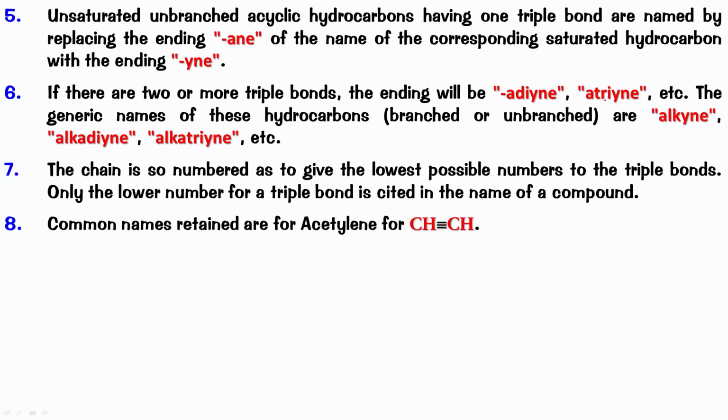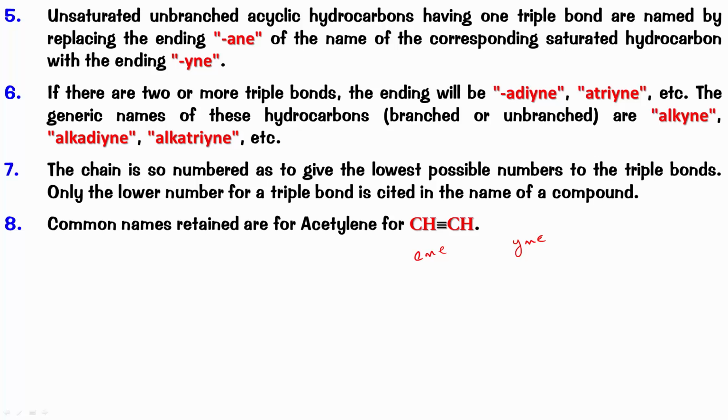Then comes the situation when you have both double and triple bonds together. So how do we do this? Now here you need to understand something. You have an alkene, you have an alkyne. You have both of them together. So how are we going to look at naming when both of them are present?